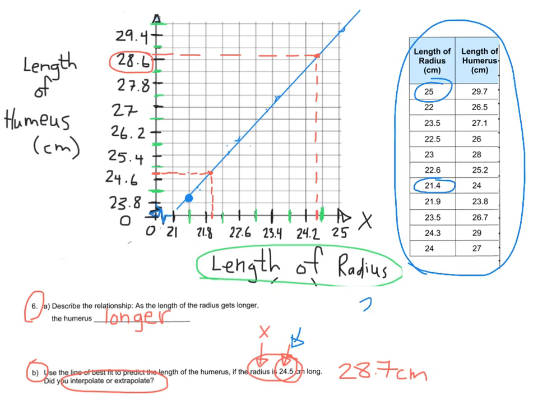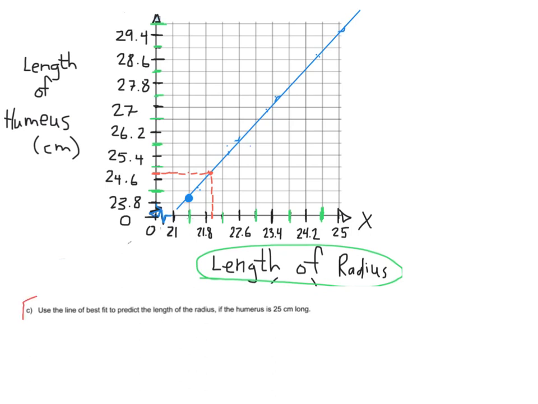So anything from 21.4 all the way to 25 is interpolation. Anything outside that would be extrapolation. So this is interpolation.